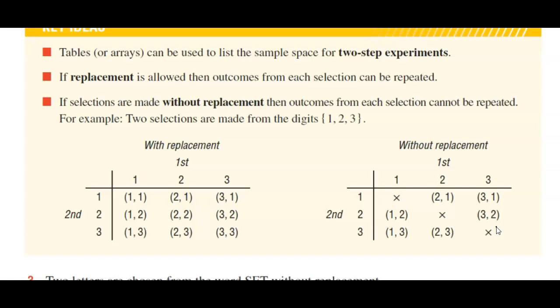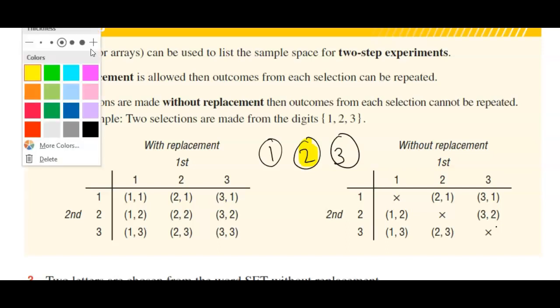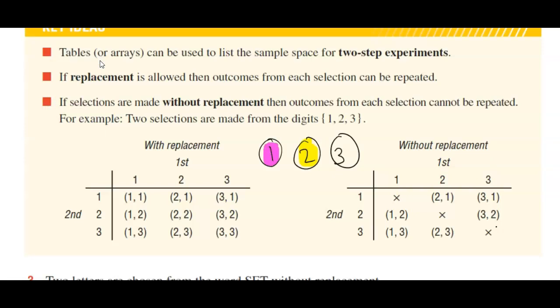So think of it as if we've got the numbers 1, 2, 3, you need to select the first time. I'm going to highlight in yellow. I select the number 2. That means I can only then select from the number 1 or 3, because 2's already taken, and then I might select the number 1. So that's represented by the 2, 1.